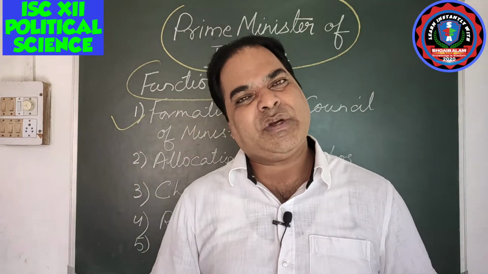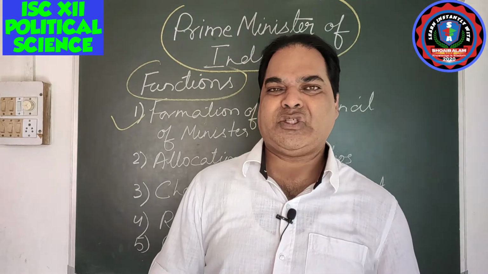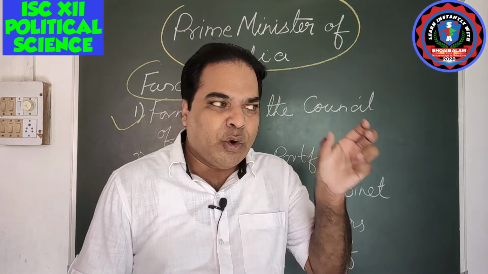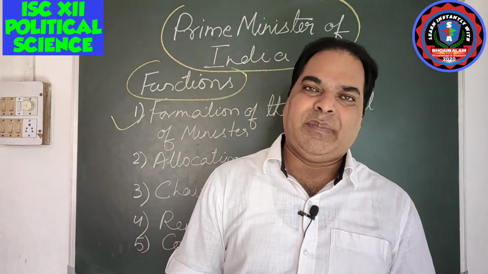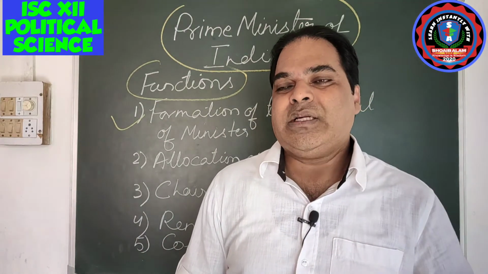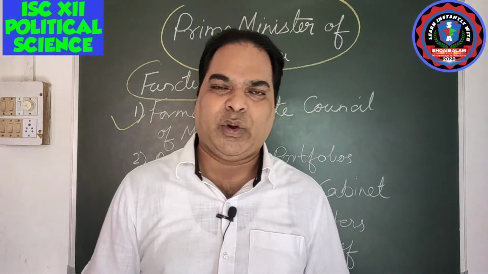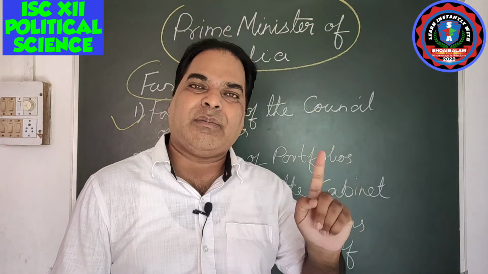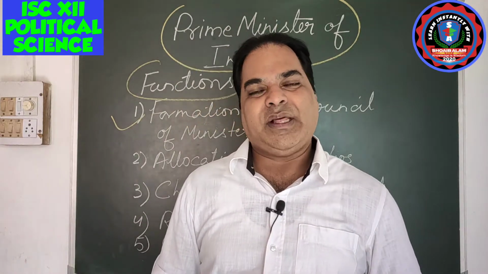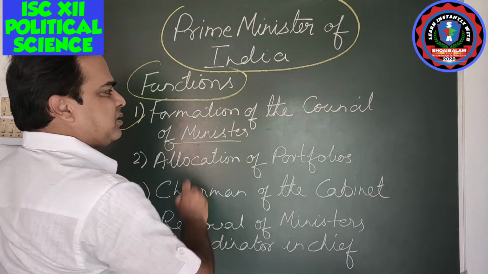All these ministries are given to the ministers by the Prime Minister of our country, who decides whom to give a particular ministry, according to the quality, ability and capability of that member of parliament. So that is decided and done by the Prime Minister, which is why it is said the Prime Minister forms the Council of Ministers.